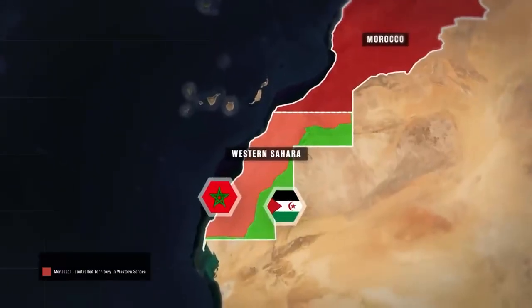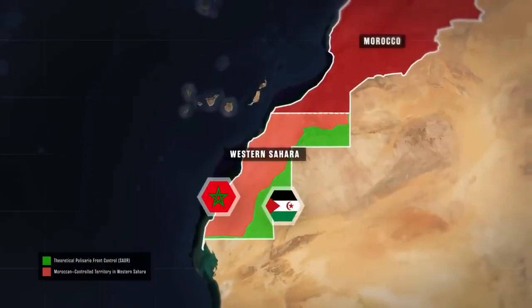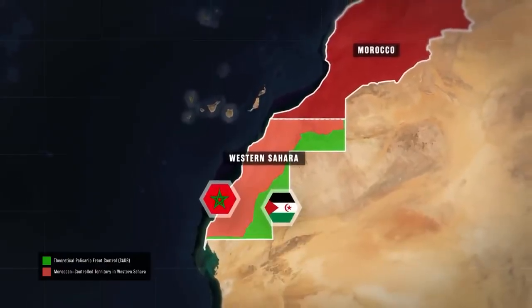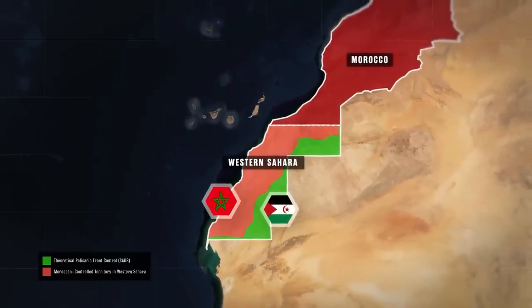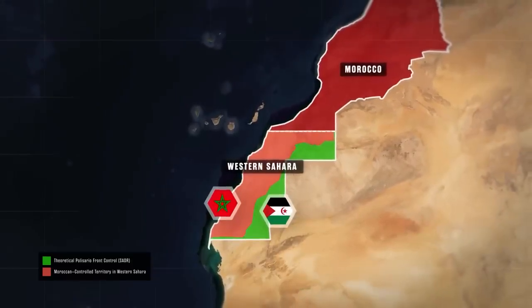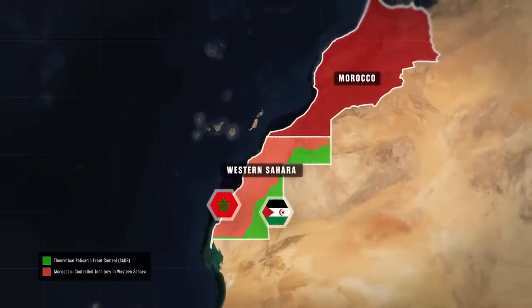Meanwhile, the other 20% of Western Sahara's territory is basically an empty desert that's theoretically under the de facto control of an organization that refers to itself as the Polisario Front, a nationalist movement made up of Western Sahara's indigenous people known as the Sahrawis, who claim the entirety of Western Sahara's territory as their own country that they call the Sahrawi Arab Democratic Republic, or the SADR for short.